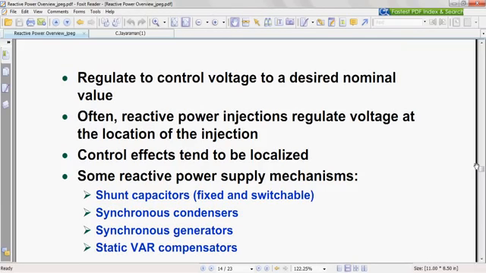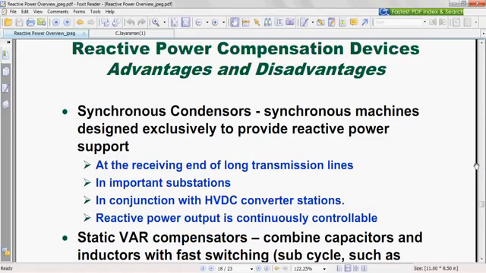There are some reactive power supply mechanisms like shunt capacitors, synchronous condensers, synchronous generators, and static var compensators. These are among the several techniques to control the reactive power injected into the system.